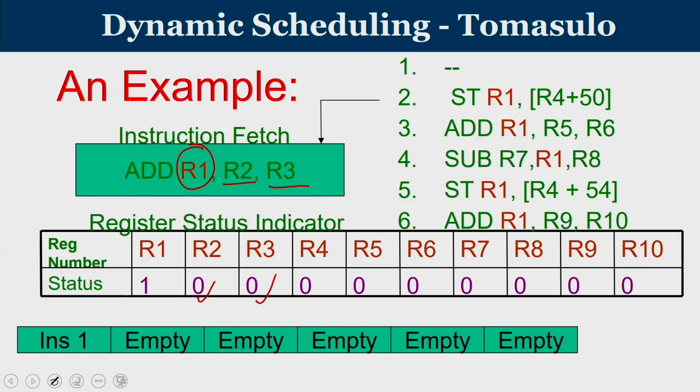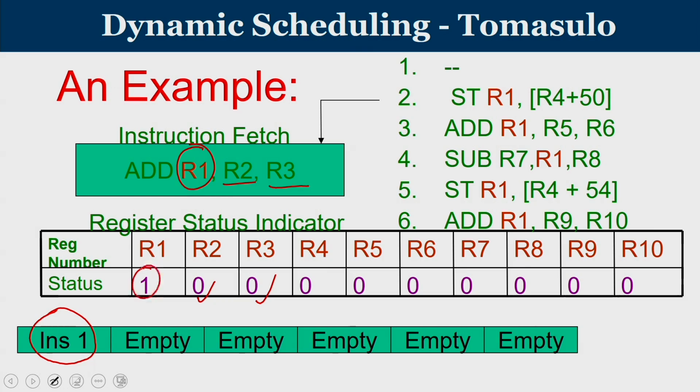So go to register file, take the value of R2 and R3 and you are waiting in the reservation station of functional unit 1. Now in the functional unit 1, you can see that since both the operands R2 and R3 values are already available, it will start execution of its instruction. At this point, the R1 value is to be updated by functional unit 1.